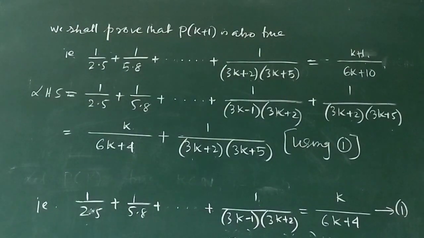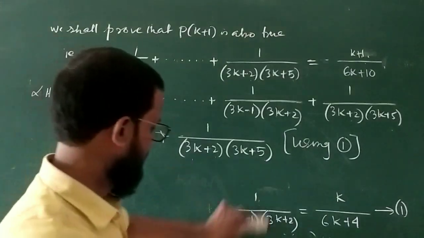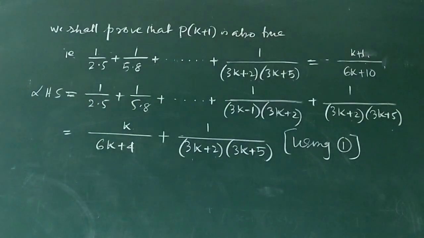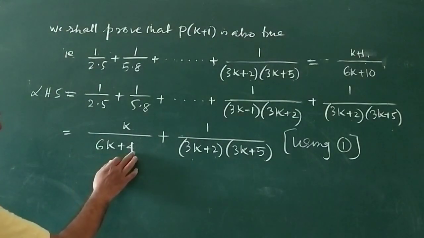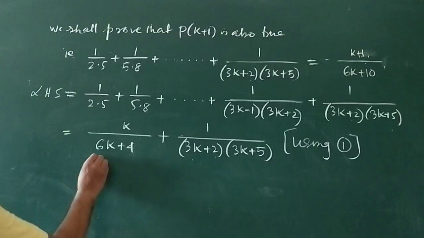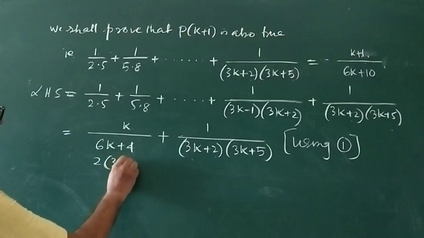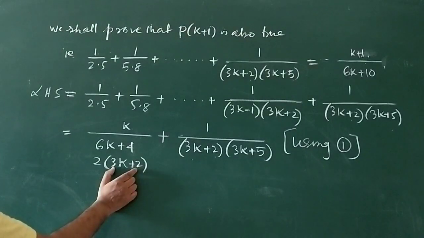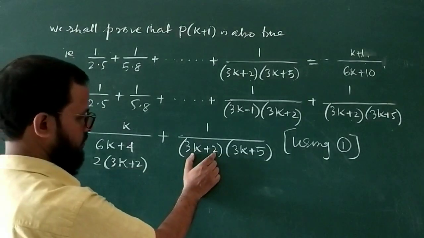Now see, in this particular calculation, from both the terms you can take 2 common. If you take 2 common, inside it will be 2 into (3k plus 2), yes or no? Here 3k plus 2 is a term, and here 3k plus 2 is also there.